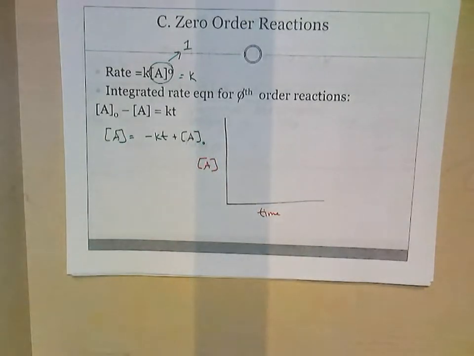All right, which way should the slope be headed? Should be, what's direct? Yeah, negative, right? Going this way.